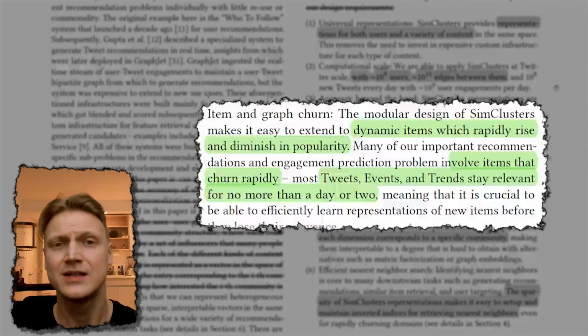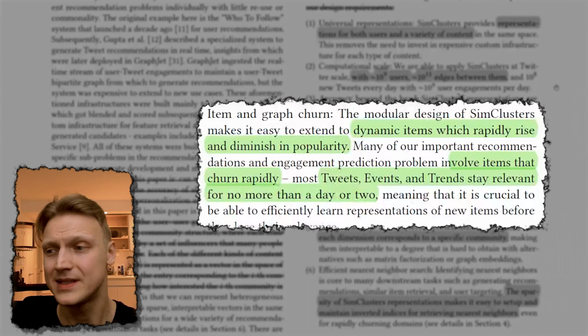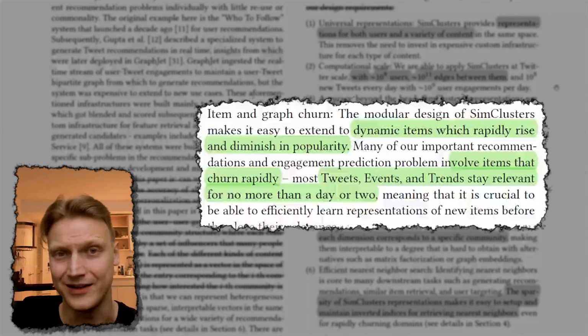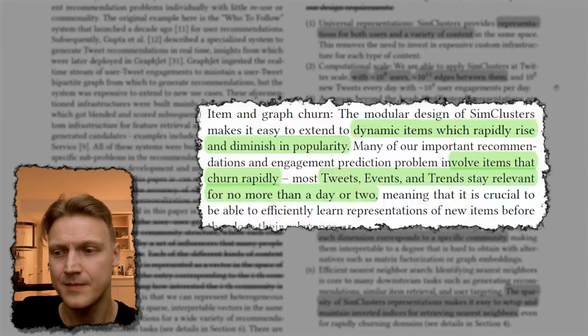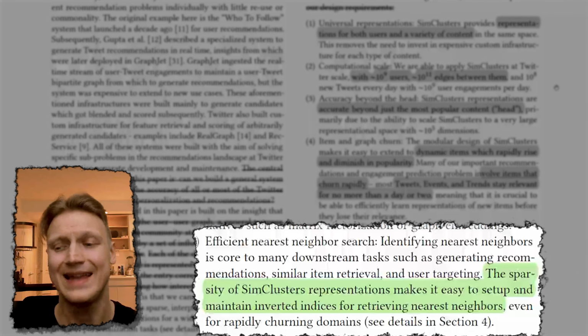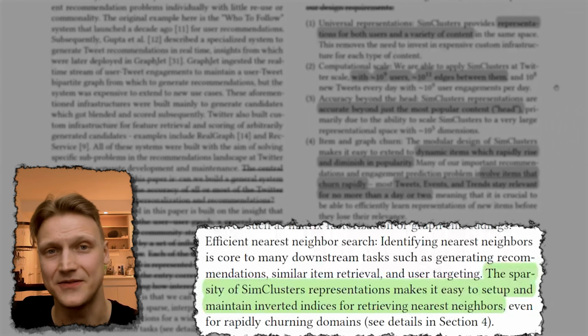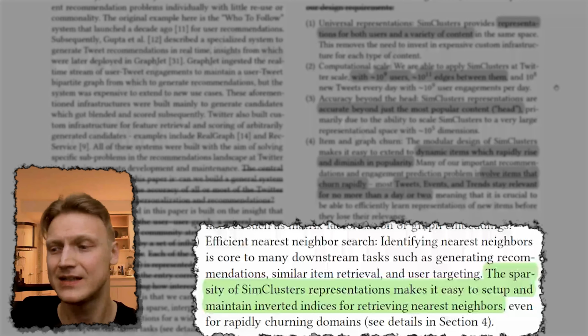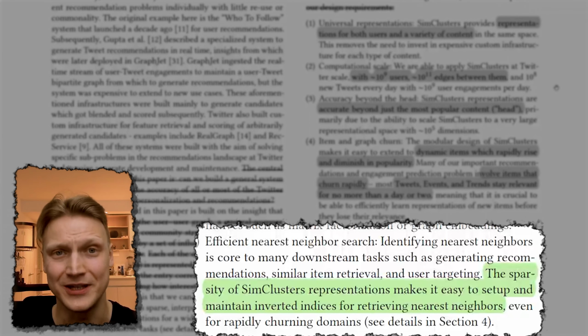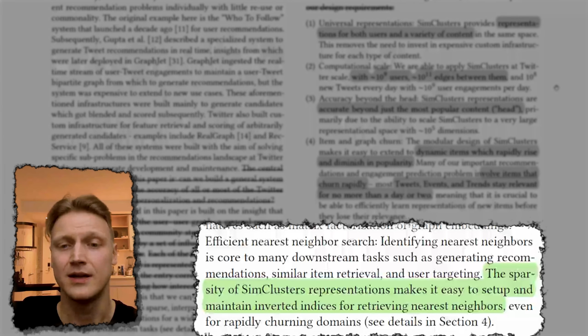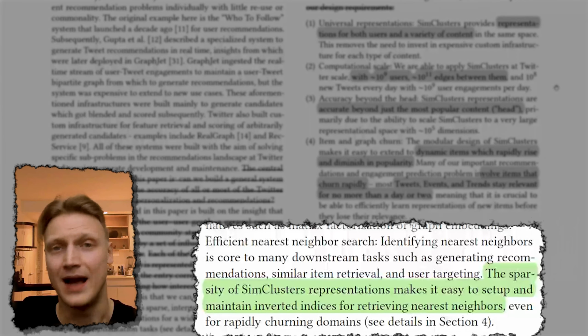It adjusts to dynamic items changing in popularity rapidly. It's interpretable, and that translates to the system being able to maintain inverted indexes for various representations to efficiently retrieve nearest neighbors that applies to various tasks.